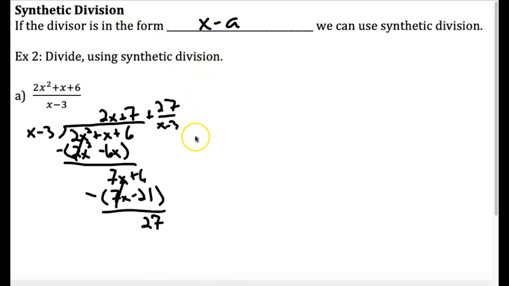Okay, the process for synthetic division is to first write out the coefficients of our dividend, okay, the polynomial that we are going to divide into. So my coefficients would be 2, 1, and 6. So list those all out.